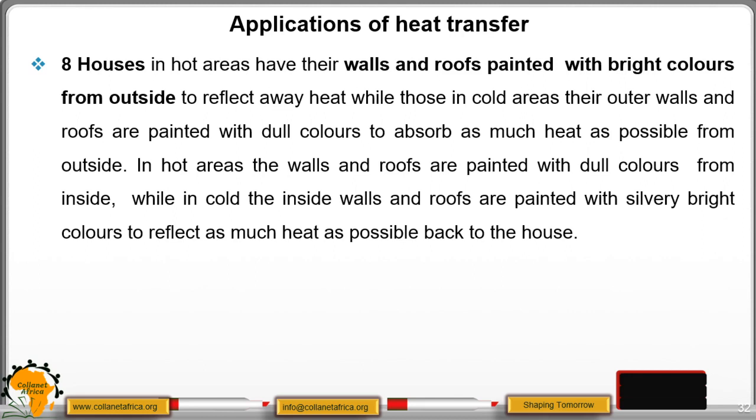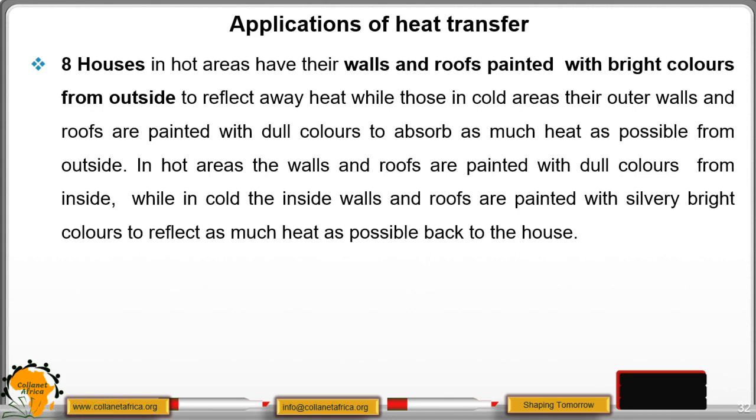But in hot areas, the walls and roofs are painted dull colors from inside, that is inside the house now, and this will ensure that they absorb a lot of heat. While in cold areas, the inside walls and roofs are painted with silvery or bright colors to reflect as much heat as possible back into the house, and therefore they are able to maintain a conducive environment.